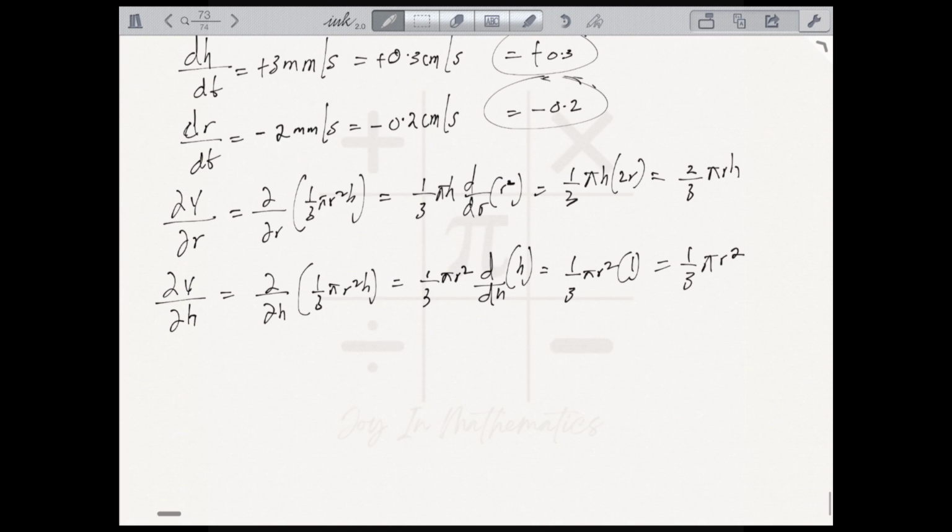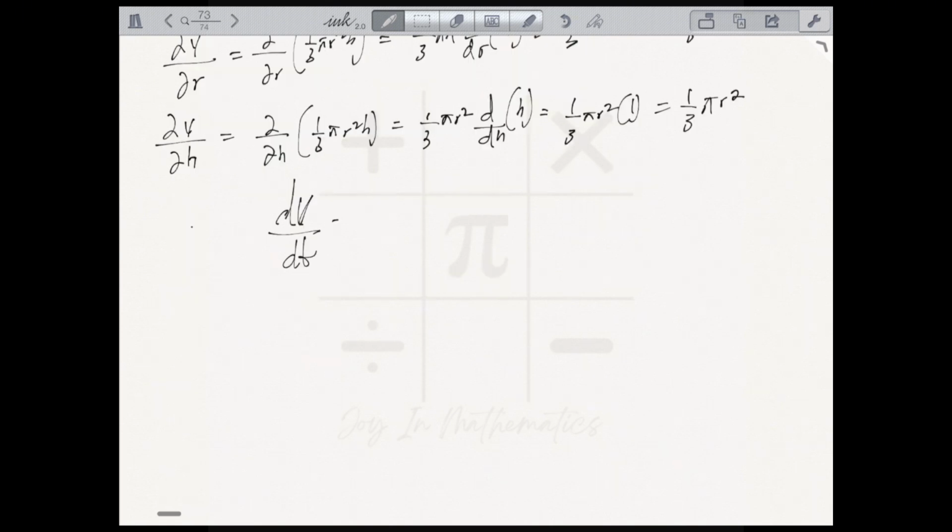Therefore, our dV/dt is the partial derivative of V with respect to r multiplied by dr/dt, plus the partial derivative of V with respect to h multiplied by dh/dt.